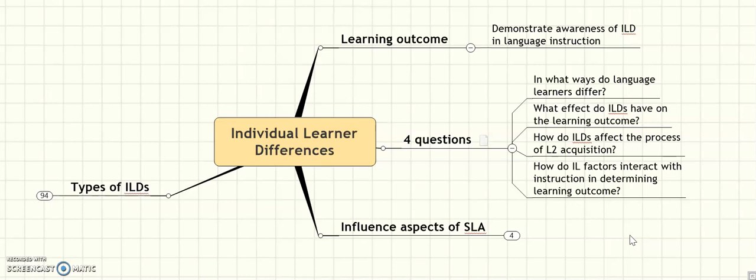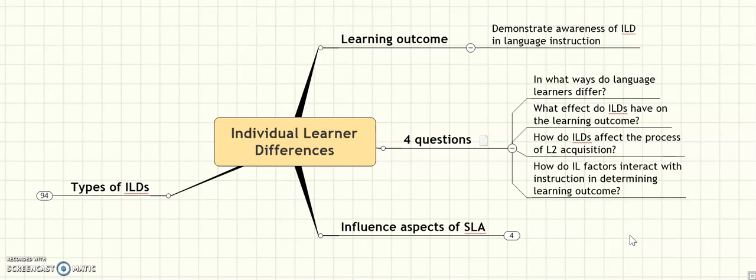The second question is, what effects do individual learner differences have on the learning outcome? Remember, we may look at our class. Do we have the same English language proficiency? Probably not.